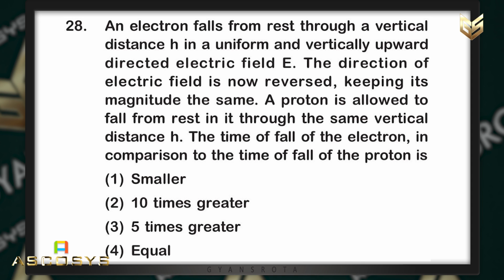The magnitude is the same, the electric field direction is just changed. A proton is allowed to fall from rest in it through the same vertical distance h. The time of fall of the electron in comparison to the time of fall of the proton is.